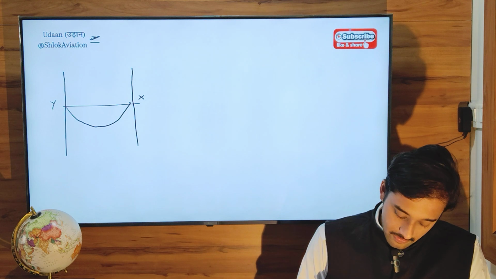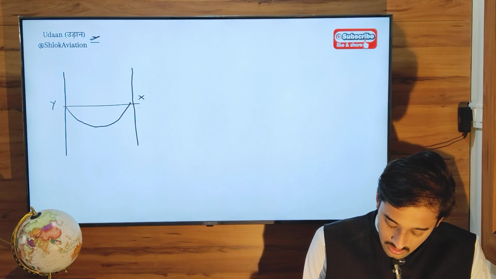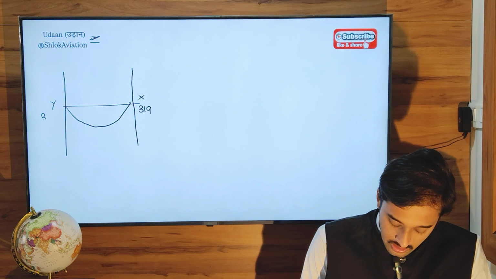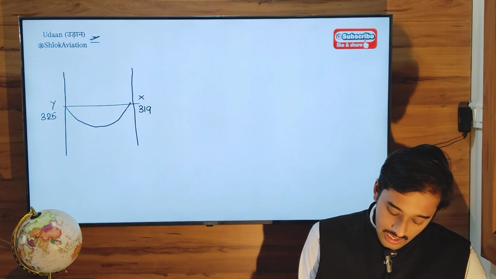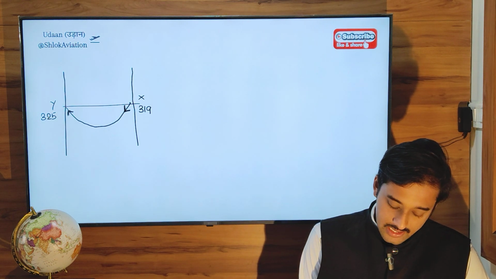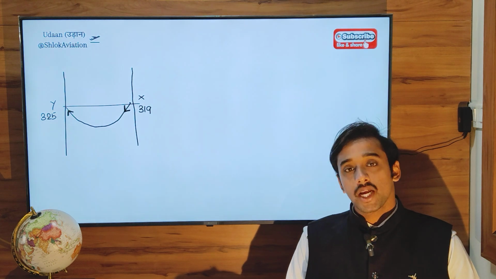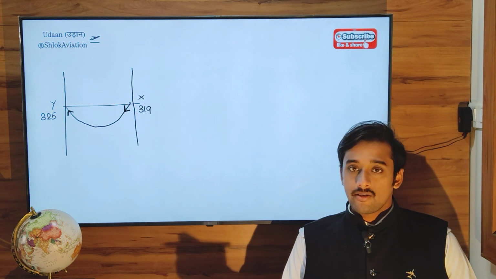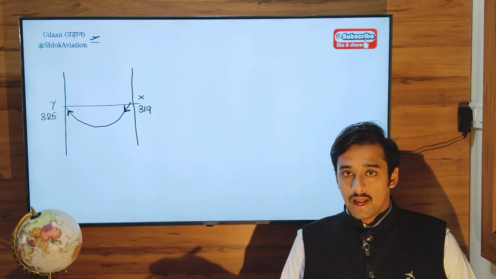X to Y, 319, 325. So when we start at X, our great circle is 319. When we come towards Y, at the Y destination, our great circle track direction will change and becomes 325. As we all know by definition, the direction of a great circle track keeps changing, unlike the Rhumb line track.